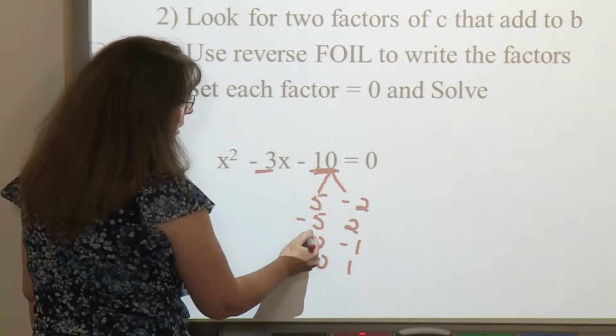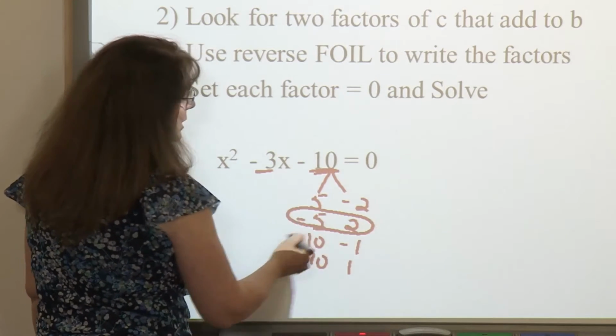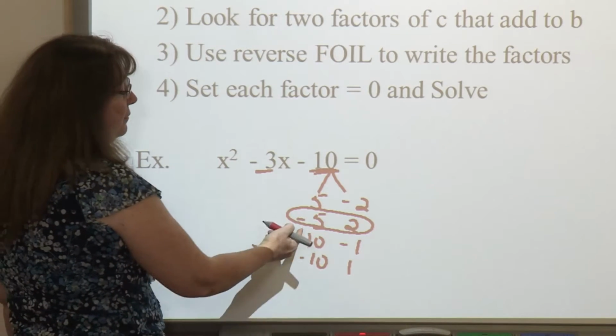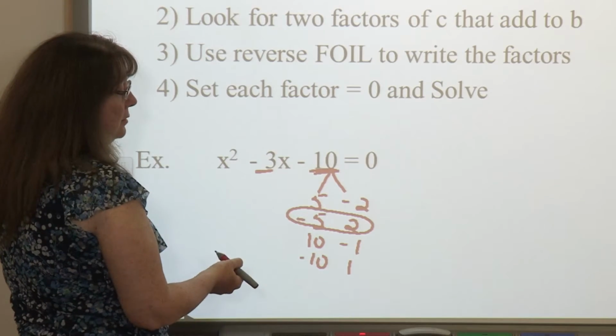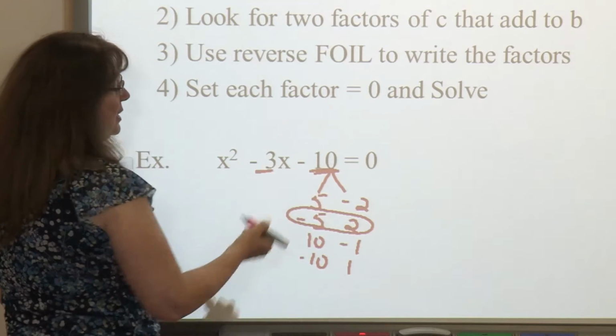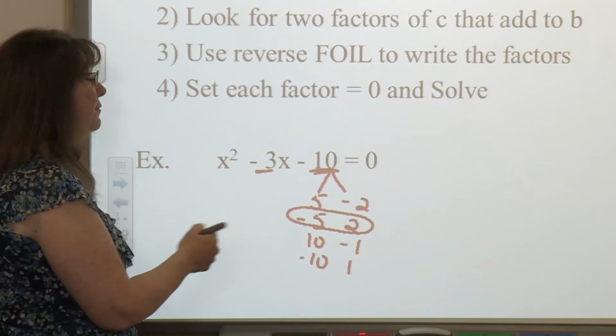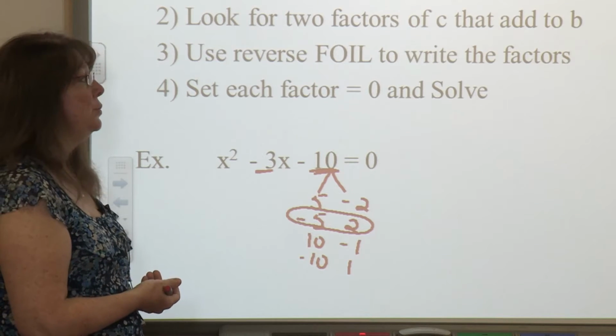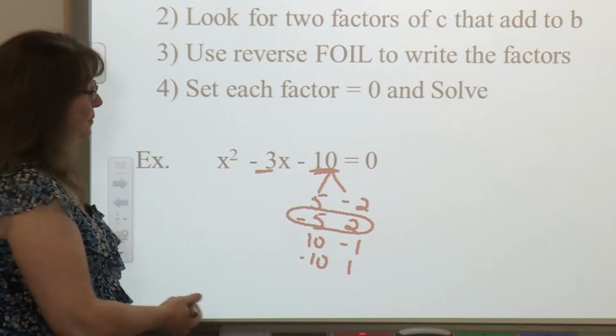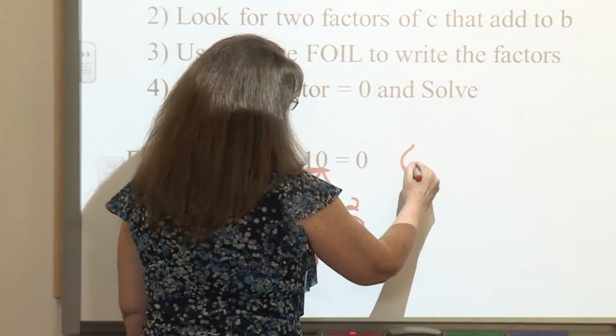And we have that occurring right here. Negative 5 and 2. Negative 5 times 2 gives me the negative 10, and negative 5 plus 2 gives me the negative 3. So negative 5 and 2 are going to be those values I want to use to write this with factors. I'll go ahead and set up my factors.